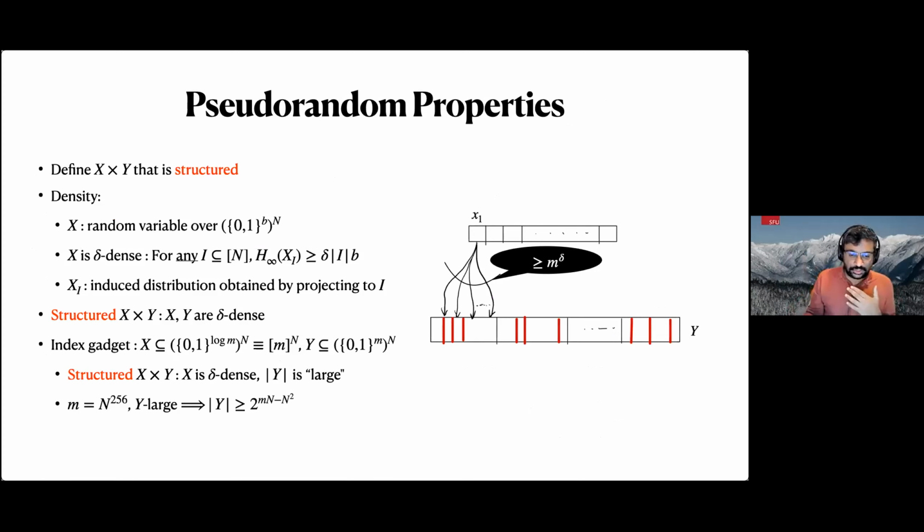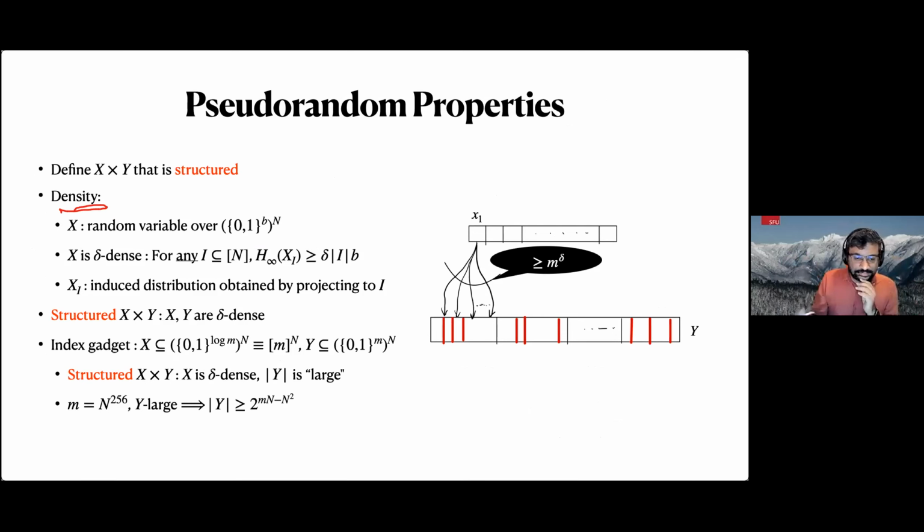And now I'll define what structured means, and what pseudo-random property we will use for the inner product gadget, and also other gadgets of low discrepancy. To define this, we need this notion of density. So let's assume that we work in the inner product gadget.